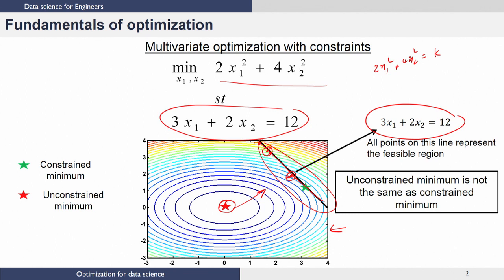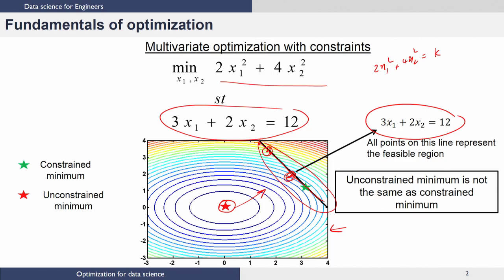Because this is the direction of increasing objective function value, the contour intersecting this point is inside the contour intersecting at this point. That means this function takes a lower value at this point on the line. So, as you go along the line, the value keeps changing, and my job is to find that particular point where the objective function value is the minimum.